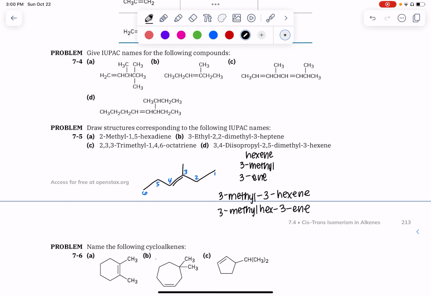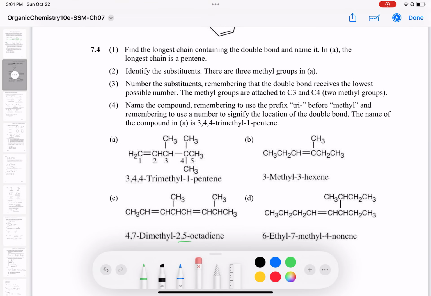In this case, we have to show the number, so those are the only 2 possible correct ones. So again, these are the same, so are these. The yellow didn't change, the blue are the same way of saying, or 2 different ways to say the same thing. I'm going to double check my work again, and they say 3 methyl, 3 hexene, so that's good.